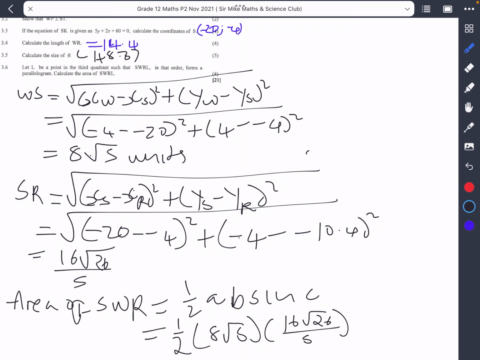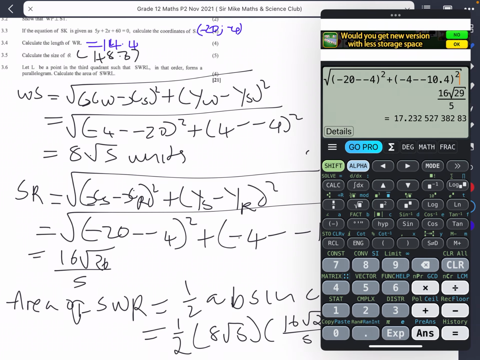We multiply by the sine of the angle in between, which would be sine of 48.37. If I put that into the calculator, let's see what we're going to get.